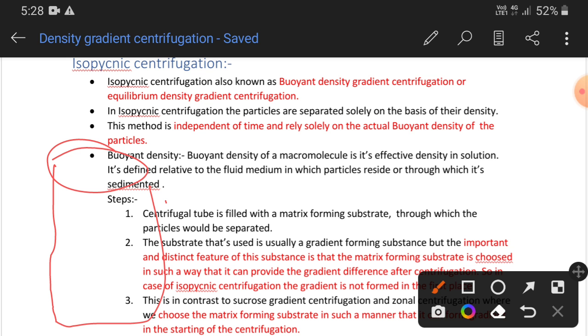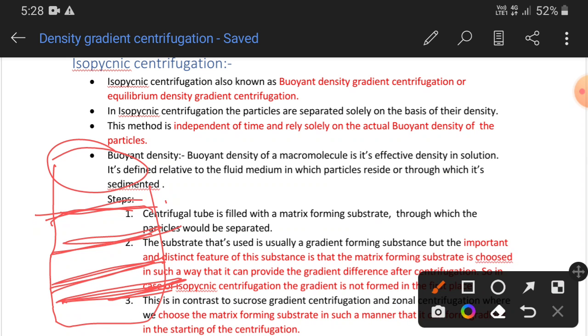Then we will run the centrifugal machine for a certain time, then we will get different distinct bands that we have seen in rate zonal centrifugation, but in isopycnic centrifugation this gradient was not there prior to centrifugation. This is the result of centrifugation.